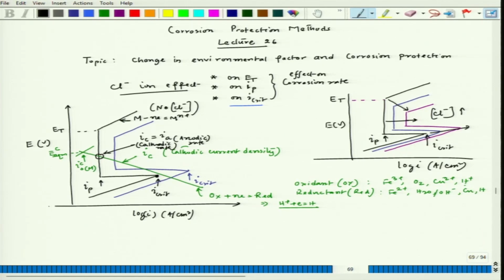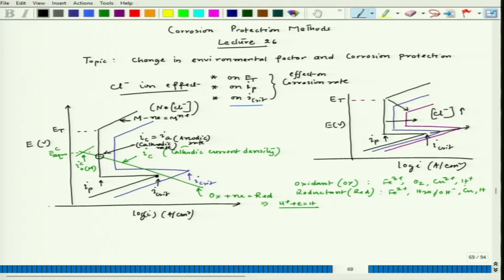Now, both these processes would try to push each other towards this point. That means for the cathodic process, the potential will drop to this particular point, and for the anodic process, it starts from here, which corresponds to E equilibrium for the anodic process, and this is I 0, which is the exchange current density for metal 1 on the metal surface.